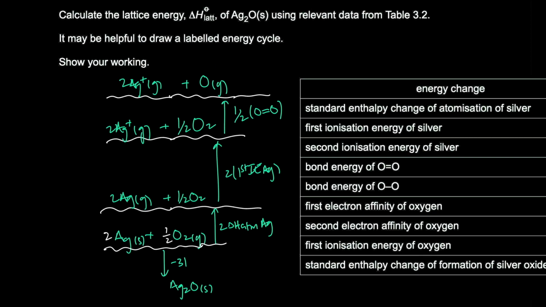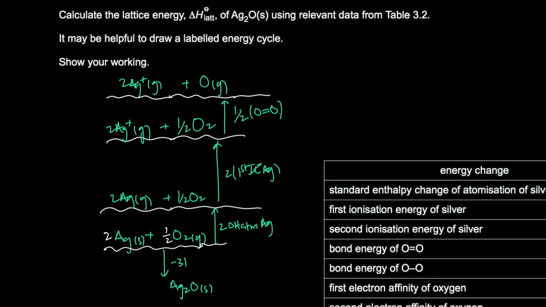And then we need to add electrons to the oxygen atoms, because we want to make the anion of oxygen. So we have the first electron affinity and the second electron affinity. The first electron affinity is exothermic.